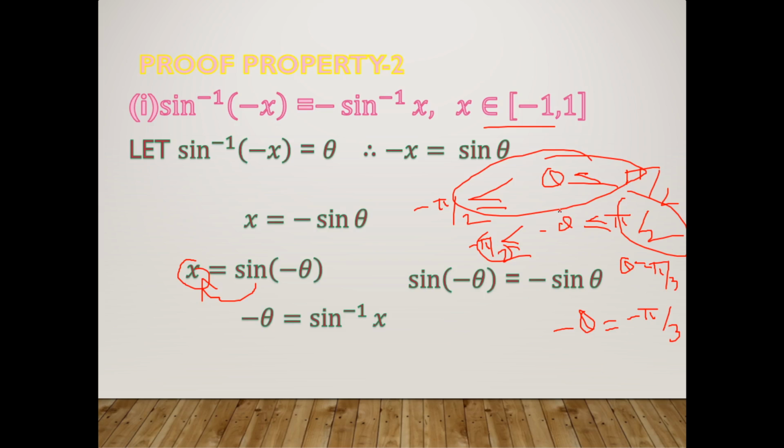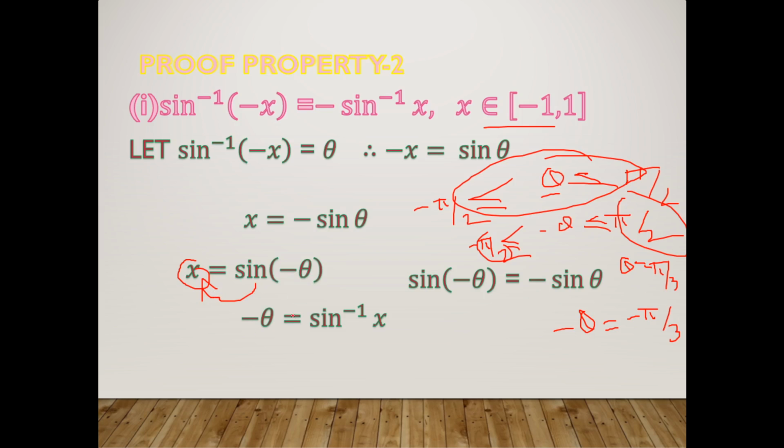If you take any other value of theta from minus pi by 2 to pi by 2, you will find that minus theta also lies in the interval minus pi by 2 to pi by 2. That means this function is invertible, and we can take the inverse here.